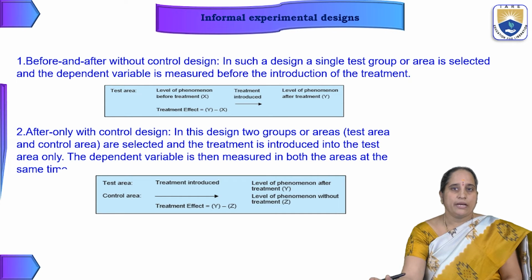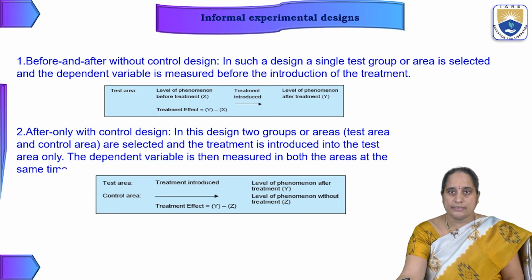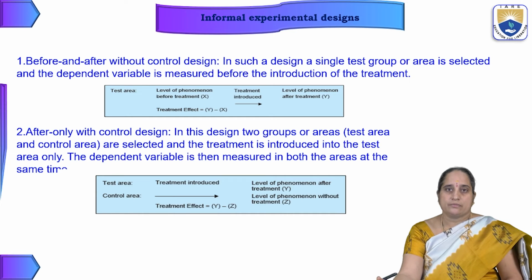In before and after, we are talking about two things: before the treatment and after the treatment. So if you want to find the effect of two varieties of rice, then how it will be before treatment and after using the seeds in different fields, all that we have to study, and that is possible in this case.